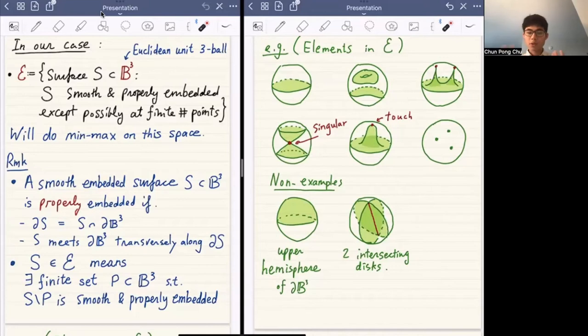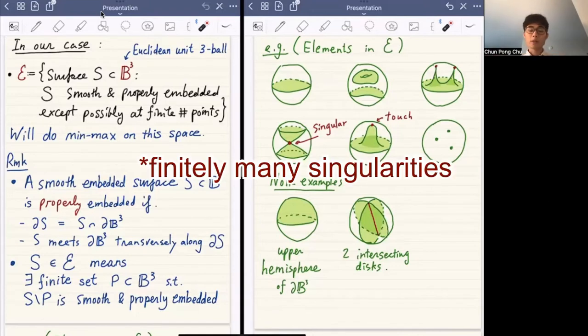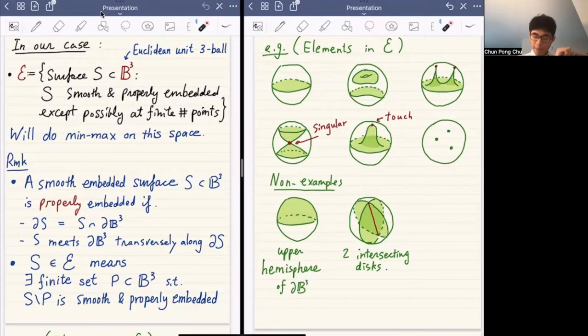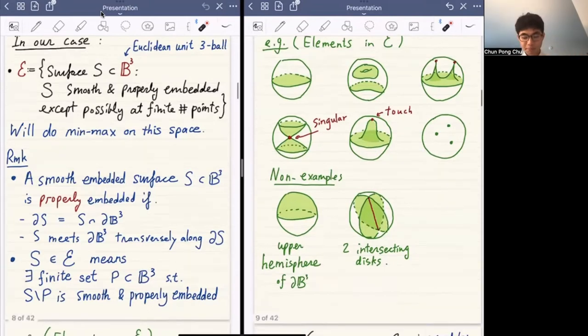So the genus 0 and genus 1 surfaces, they're completely unrelated. But by allowing surfaces with finitely many singular points, you can do a neck pinch process so that you have some genus 1 surface deforming to become a genus 0 surface.